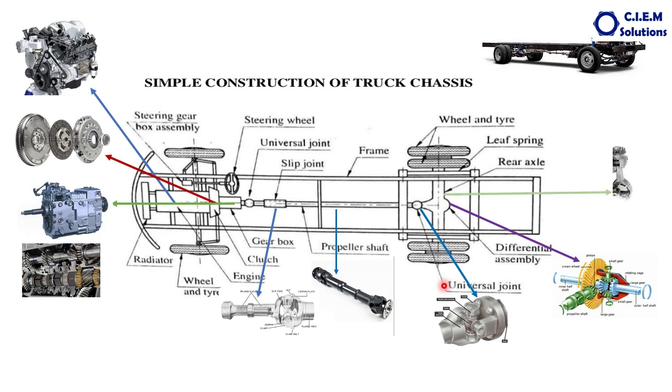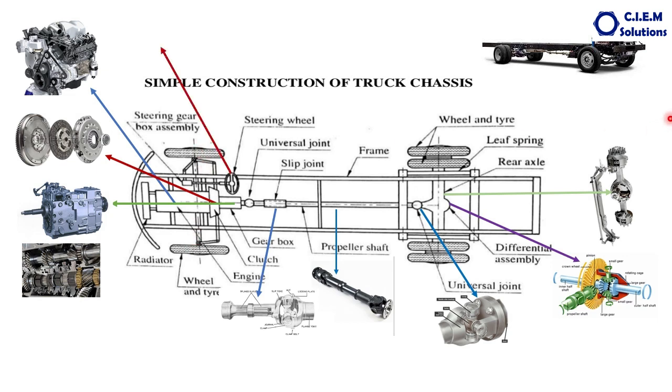After the differential, then the axle housing. This is the axle housing, the axle cum differential housing. In this housing, this differential is fitted. In this housing, the axle shafts are fitted. This is the front axle, where the front wheels are fitted.